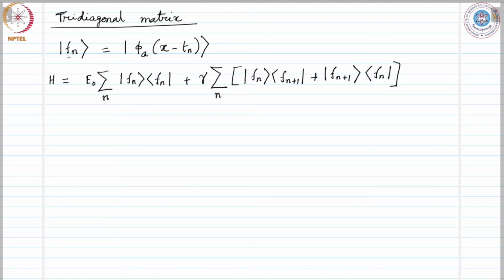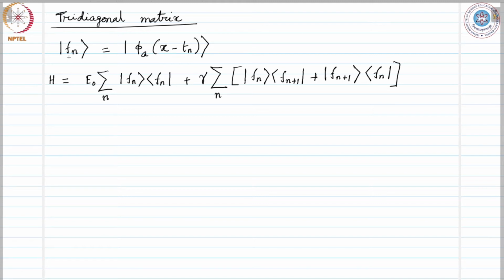Now, one-dimensional tight-binding Hamiltonian with one orbital per site and only nearest neighbor hopping is the simplest example that we can describe using a tridiagonal Hamiltonian. And let's represent this.